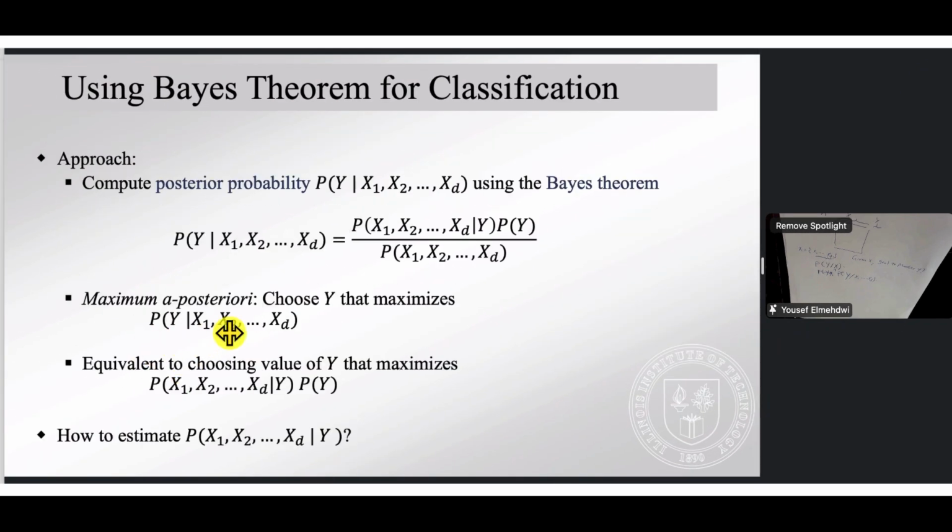So how can you use the Bayes theorem to help me perform the classification? Again, you try to compute the posterior probability of y given x1 up to xd, the instance variables, using the Bayes theorem, and this is the formula. Let me write this one.